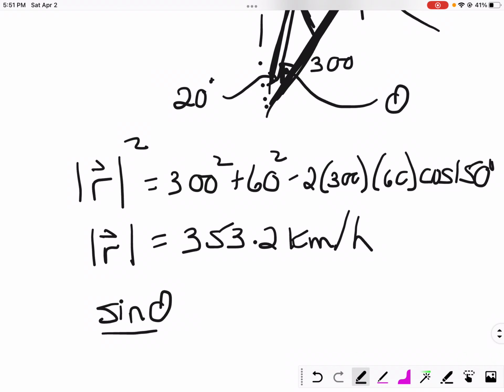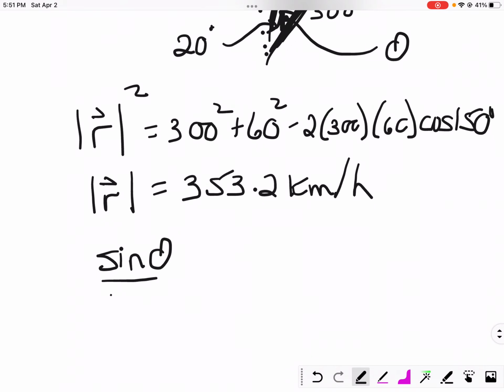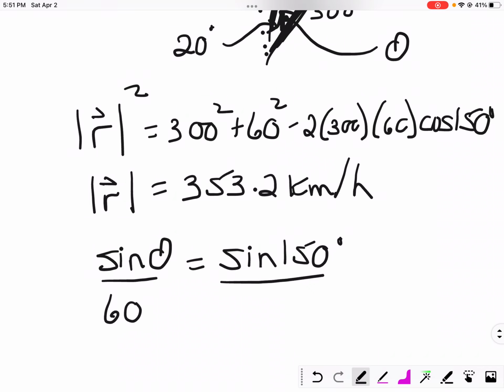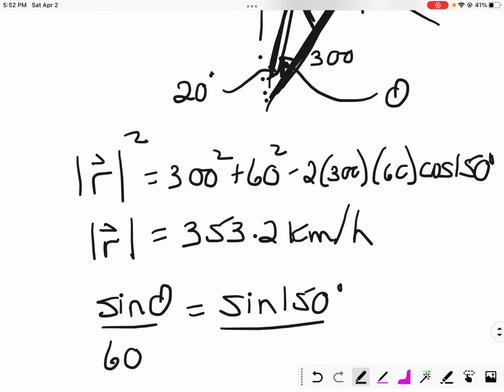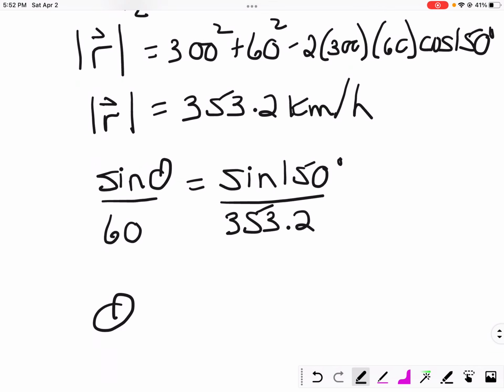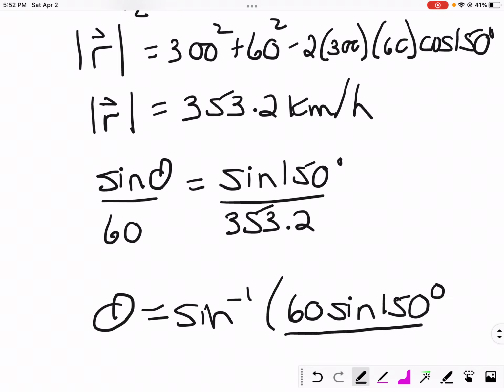Sine theta over the opposite side, which is 60, equals the sine of 150 over that side, which is 353.2, and theta is going to be inverse sine of 60 sine 150 over 353.2.